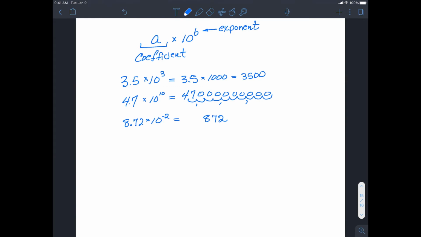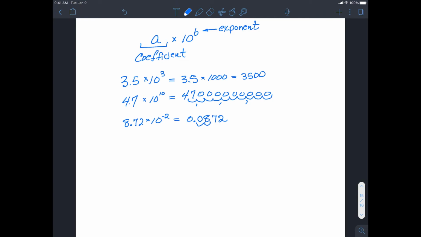And instead of moving the decimal place to the right, we move it to the left 2 places. So it starts here, we move 1 and 2, put a 0 in the empty space, and then usually when we write decimal numbers that begin with a decimal point, we put a 0 in front, just to call that out. So 8.72 times 10 to the negative 2 is 0.0872.